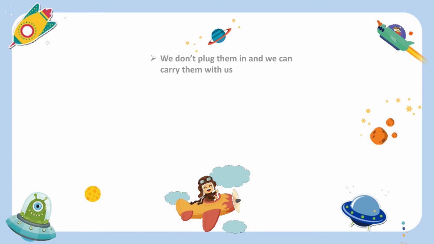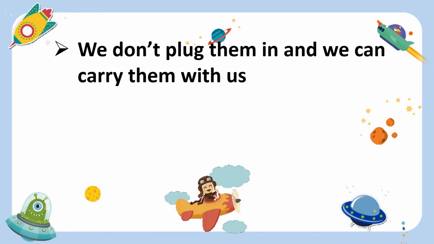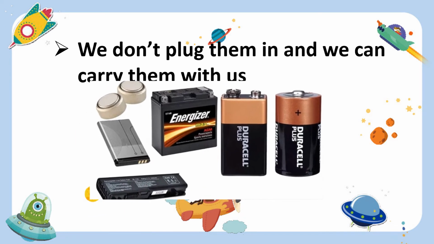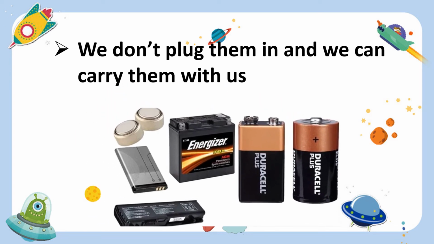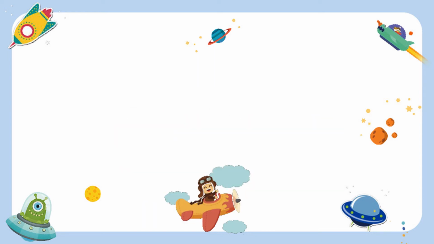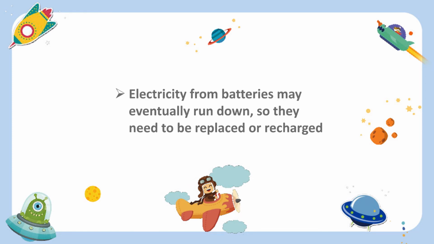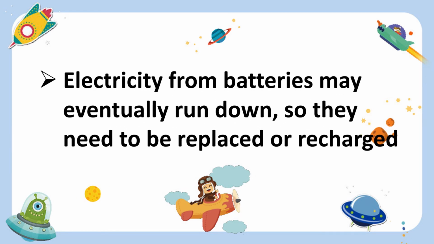But we don't plug them in and we can carry them with us. Okay, so the good thing is we don't plug them in and we can carry them with us everywhere we go. Okay, so these are some examples of electricity from batteries. One thing is, electricity from batteries may eventually run down, so they need to be replaced or recharged.